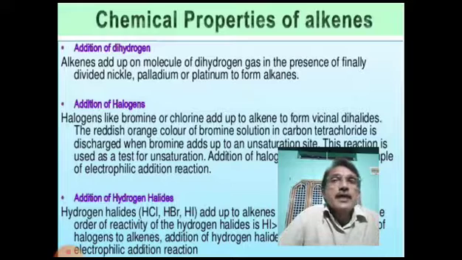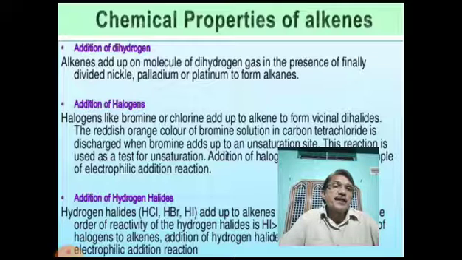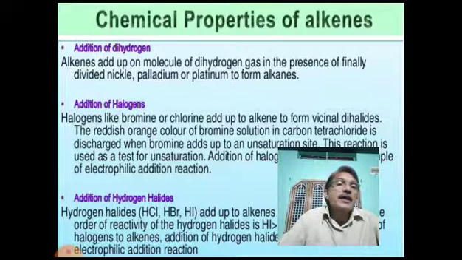Let us discuss the chemical properties of alkenes. Since alkenes are unsaturated hydrocarbons, they undergo addition reactions. Addition of dihydrogen: alkenes add one molecule of dihydrogen gas in the presence of finely divided nickel, palladium or platinum to form alkanes.